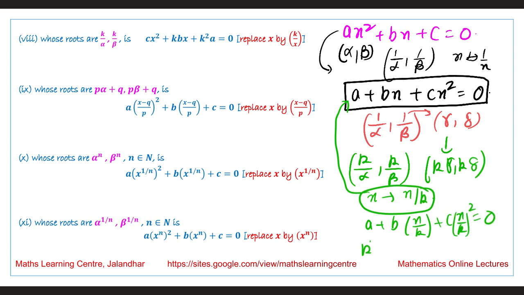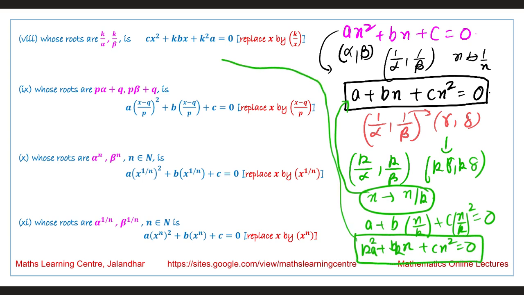So this gives us k square a plus b into x into k plus c x square is equal to 0. So we obtain this answer, that is, a k square plus b k x plus c x square is equal to 0.